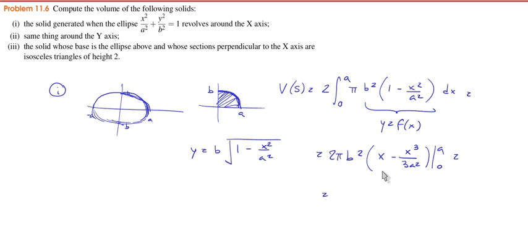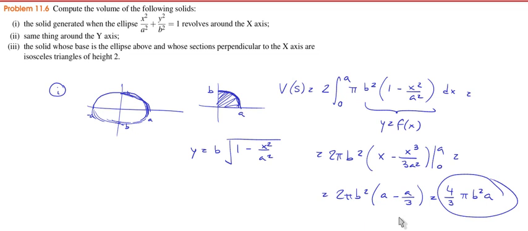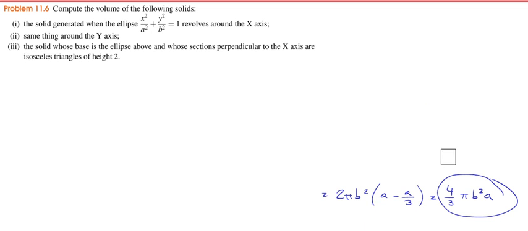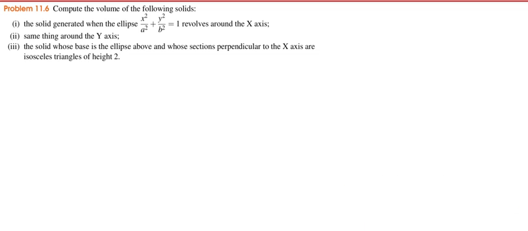When x is 0 this is 0, so this is just 2 pi b squared times a minus a cubed over a squared, which is a over 3, so 2 times 2/3 of a, so 4/3 of pi b squared a. Now it's interesting because if b and a are the same, that means we have a circle, and we get the volume of the sphere back again.